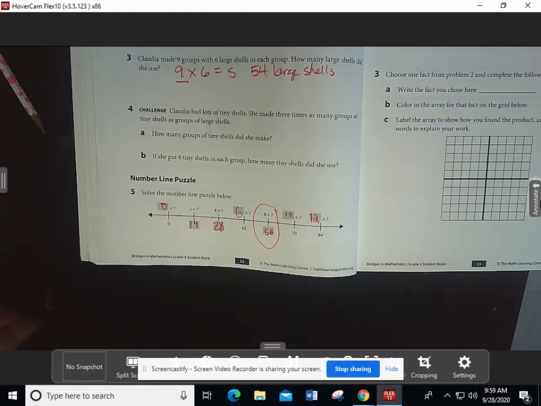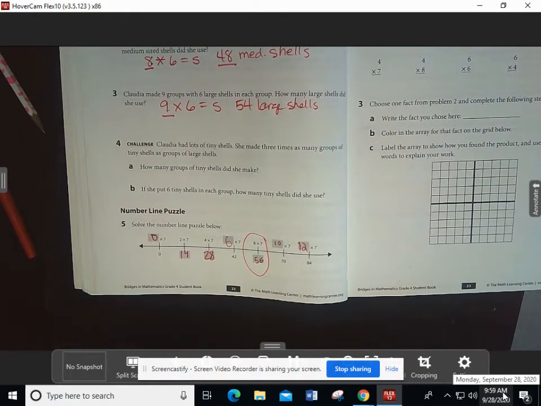So what's 8 times 7? 56. What's 7 times 8? 56. What's 56 divided by 8? 7. What's 56 divided by 7? 8. What is 8 times 7? 56. What's 6 times 7? 42. Woo-hoo.